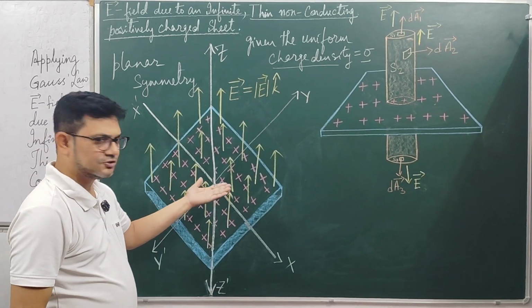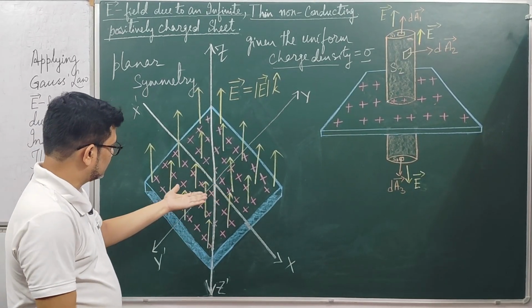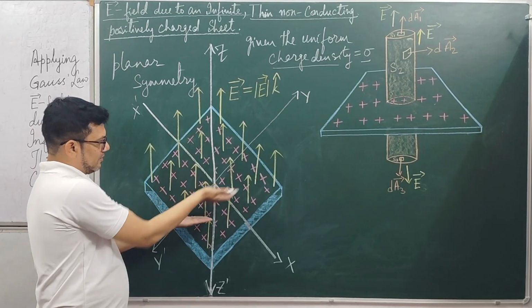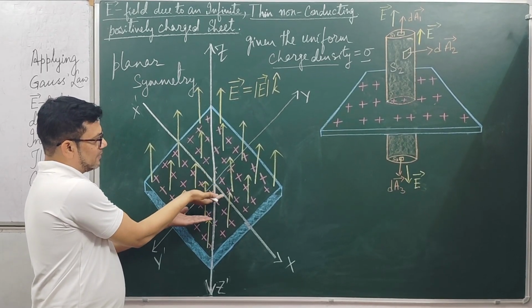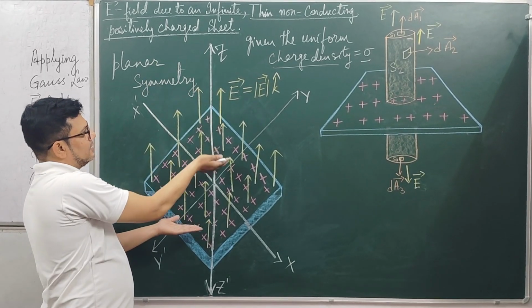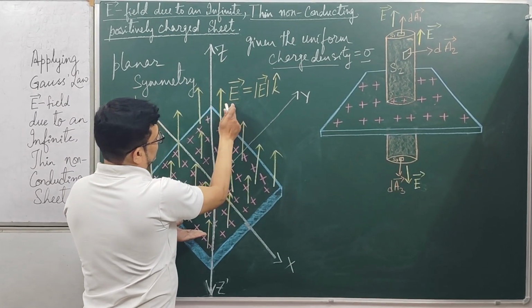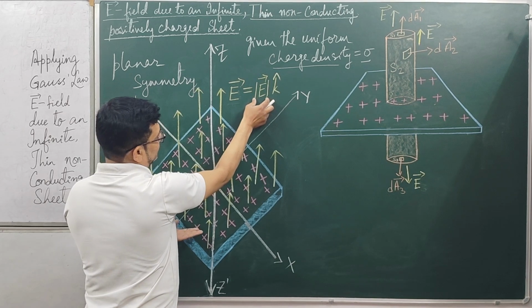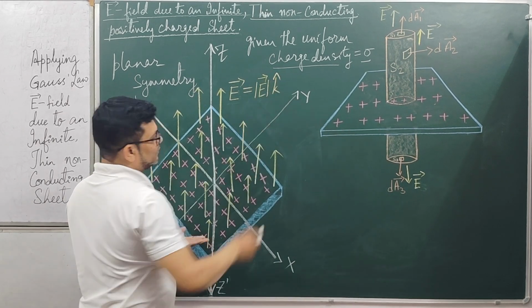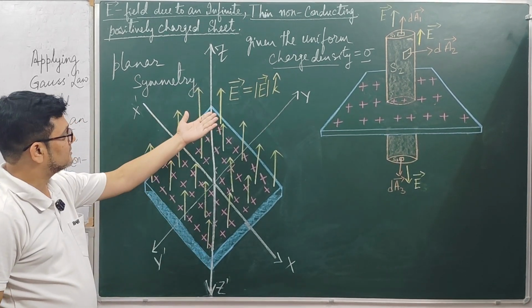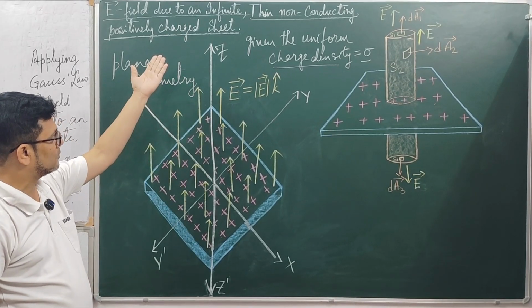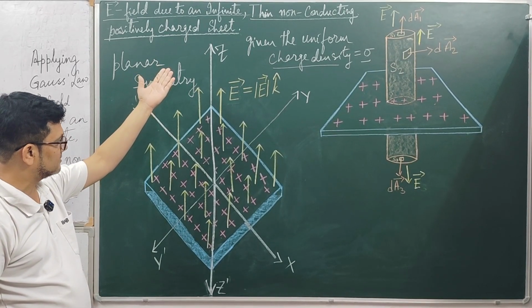this non-conducting sheet is positively charged. So if we consider the plane, the uniform electric field is going upward in the direction of the Z axis. So we have this E vector, the electric field is magnitude of E multiplied by the unit vector k. This denotes that it's going towards the positive Z axis.